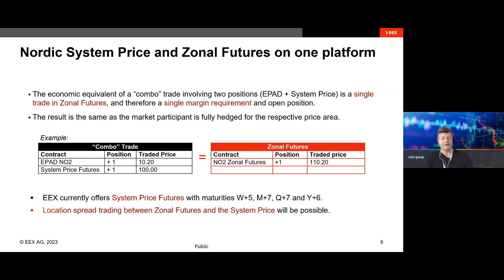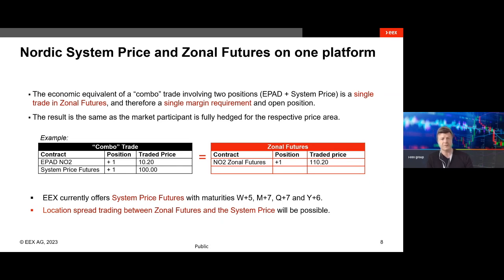That allows a combination of different focuses. For example, it allows you to isolate the local market price by using a combination of the zonal futures and the system price futures to trade.